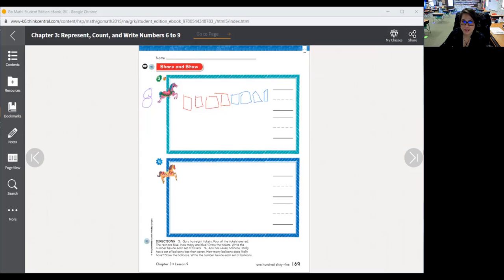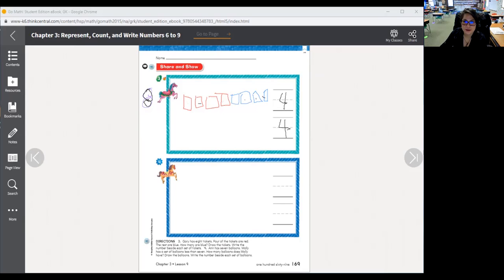There. Now here are his 8. He has 8 altogether. 4 of them are red and the rest are blue. And it says, how many are blue? So let's see. We have 1, 2, 3, 4 that are red and 1, 2, 3, 4 that are blue.